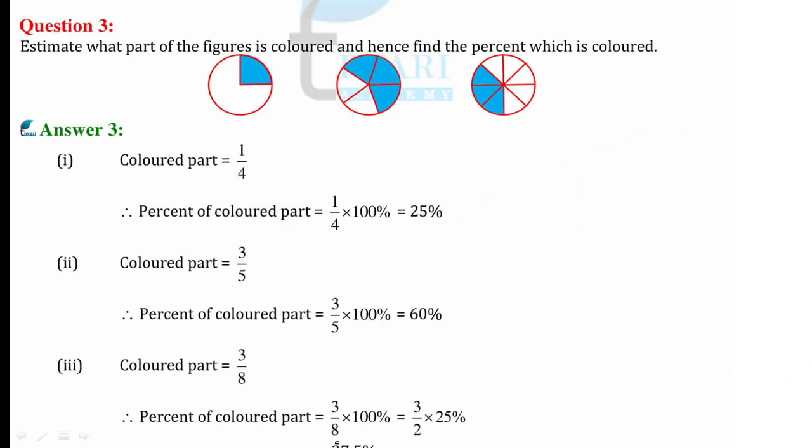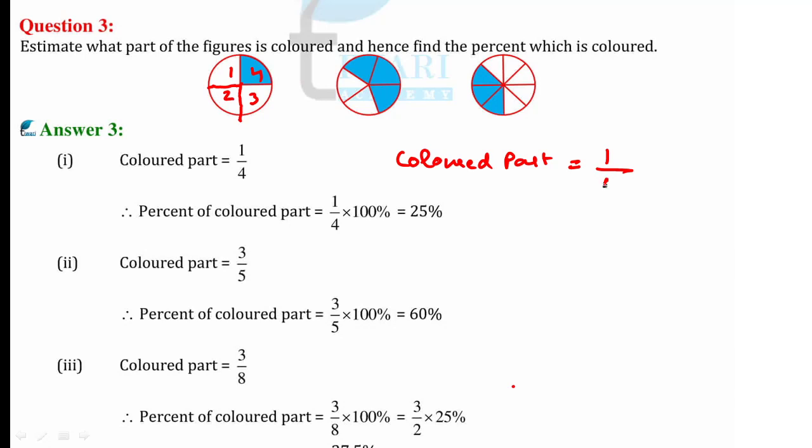So next question is estimate which part of the figure is colored and what is the percentage of colored part. So this part is colored, so make similar parts as that of this. You will have 4 parts similar to the colored part. Colored part is 1 divided by total. Total is 1 2 3 4.